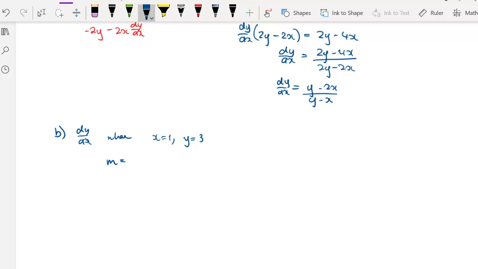The gradient is equal to y take 2x, so we've got 3 take 2 times 1, over y take x, so we've got 3 take 1, which means we have 3 take 2, which is 1 over 2. So the gradient is 1/2, or the gradient of the tangent is 1/2 at the point 1, 3.